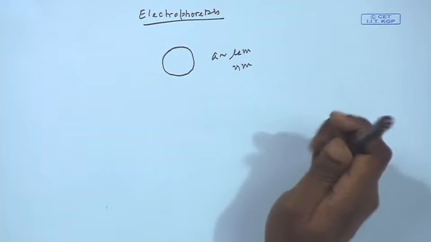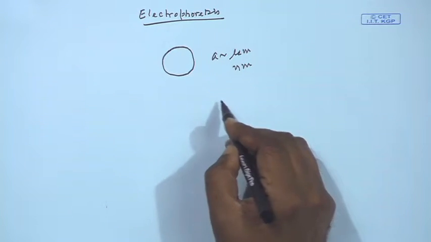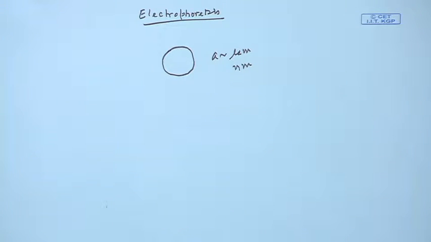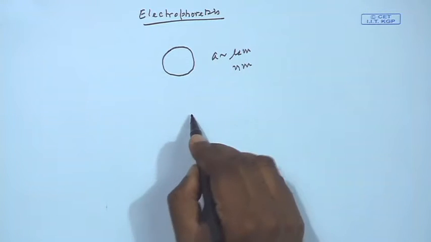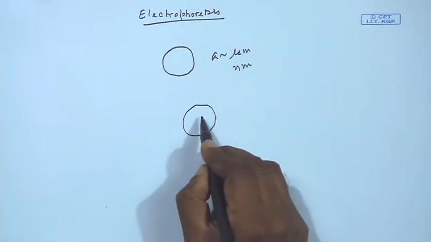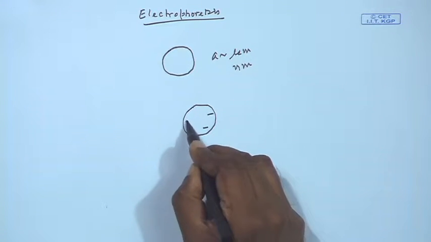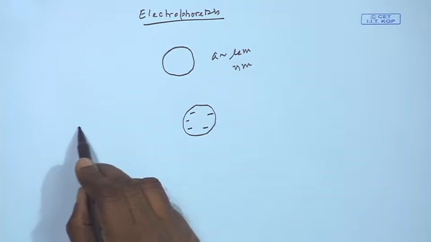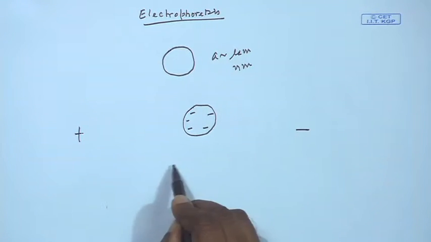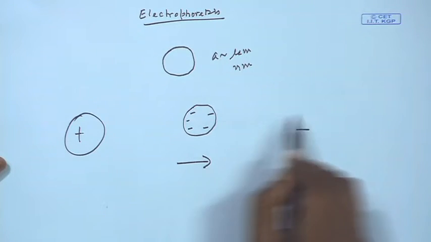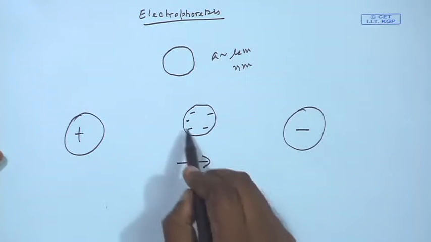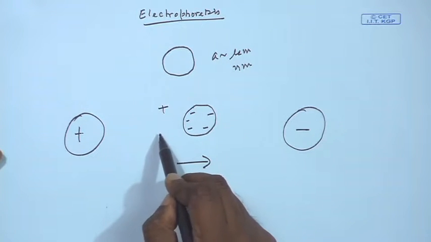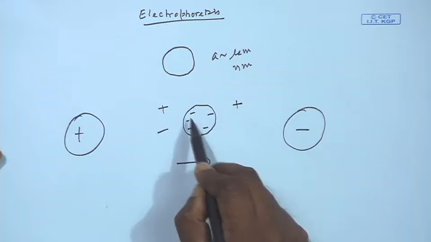Now, what will happen when we place a charged particle, say a negatively charged particle, in an electrolyte medium? The particle has a negative charge, and there are free charges in the medium.